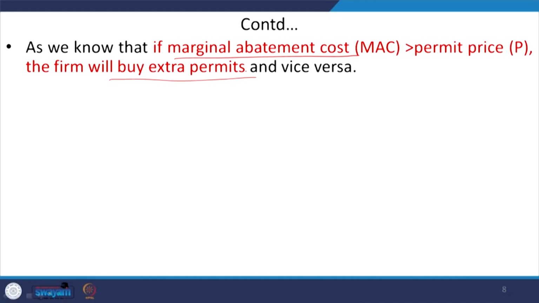In the opposite case, if the marginal abatement cost is less than the permit price, then the farm will try to abate more and more, and it will be selling the permits.